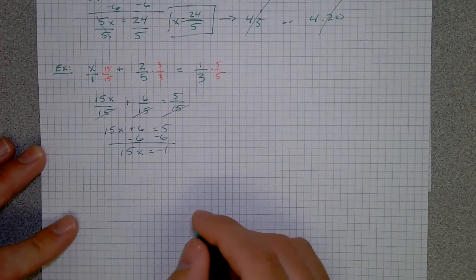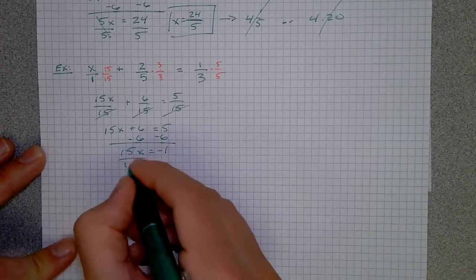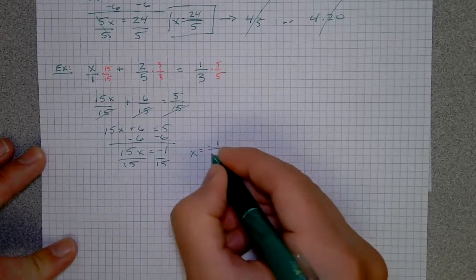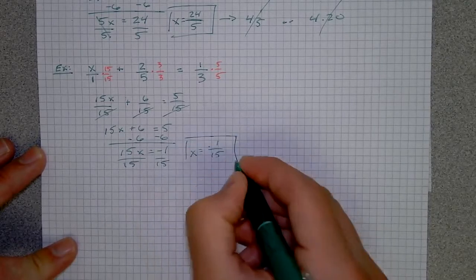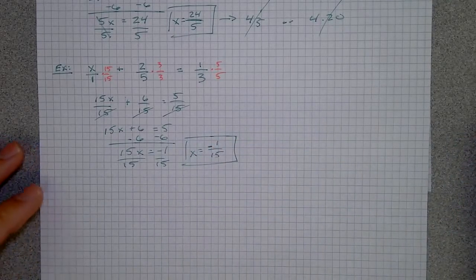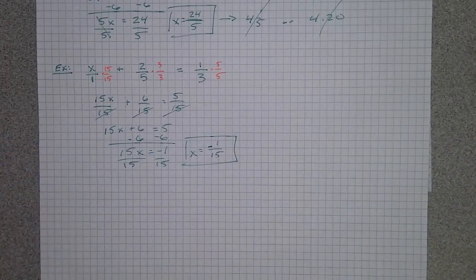Subtract 6 from both sides. So I get x equals negative 1 over 15.